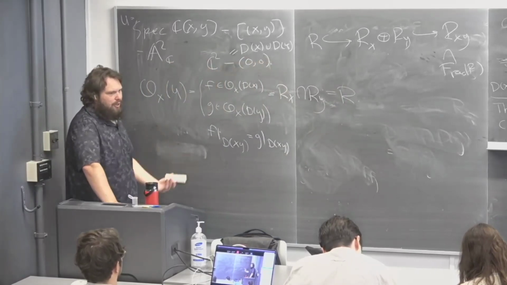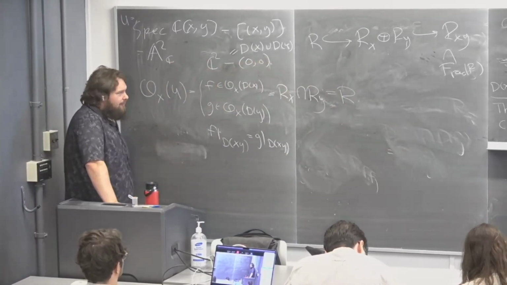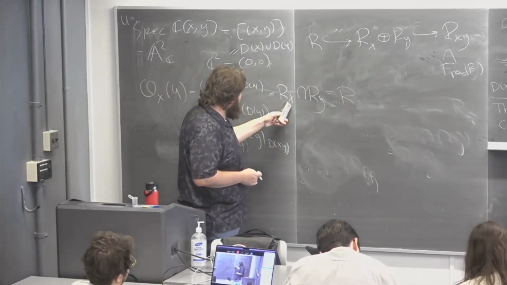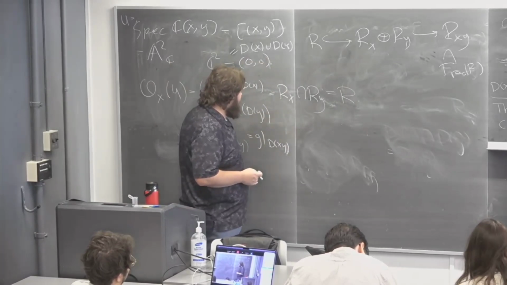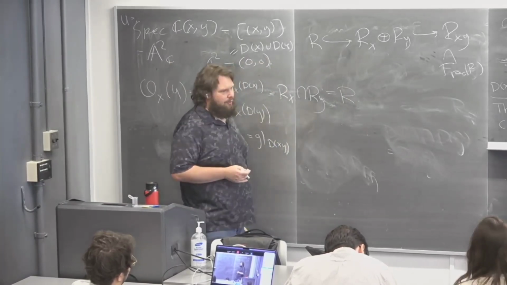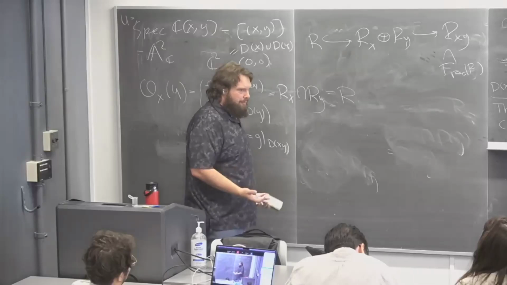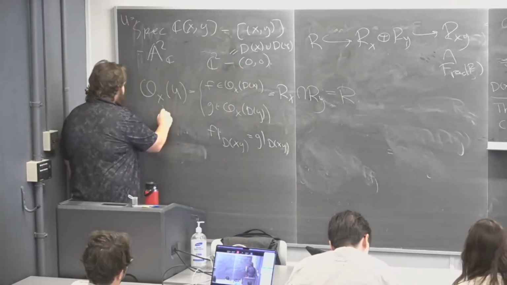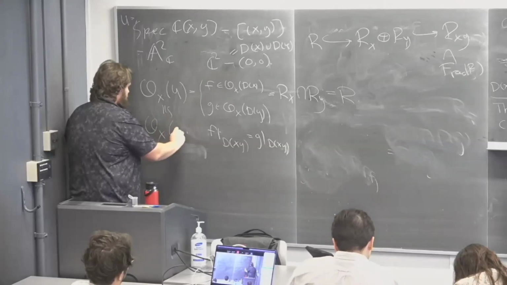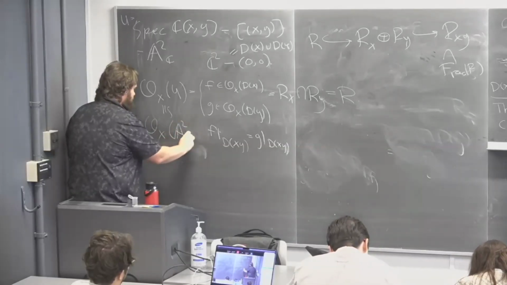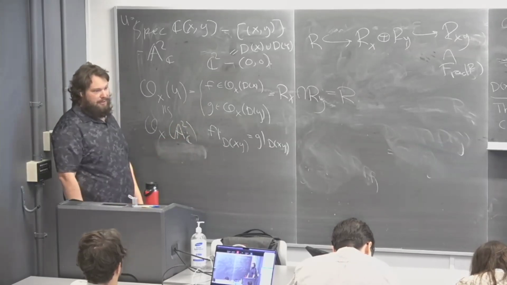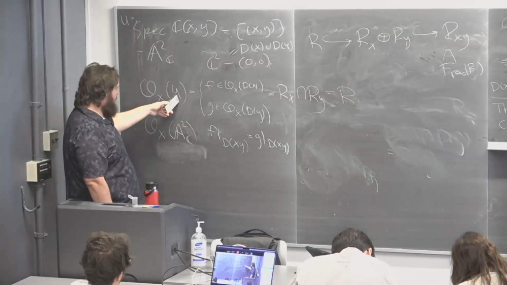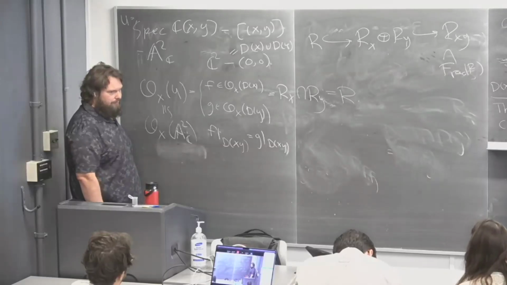If I take a rational function and write it in lowest terms, its denominator has to be divisible by x and by y, it can only be a power of x and can only be a power of y, so the only thing it could possibly be is 1. So this is actually equal to the functions on the whole space. There are no new functions I get by throwing this origin out.